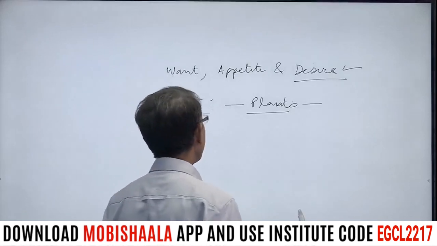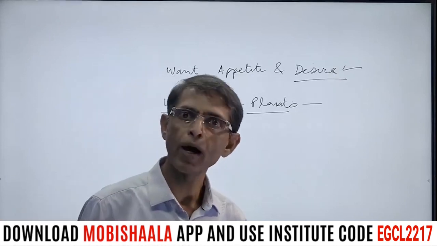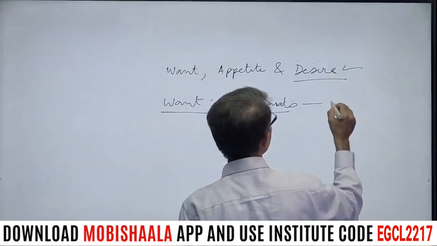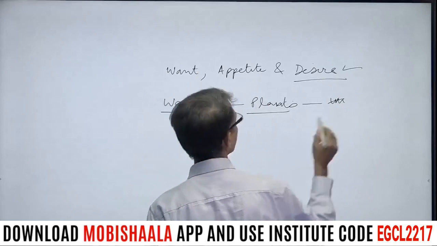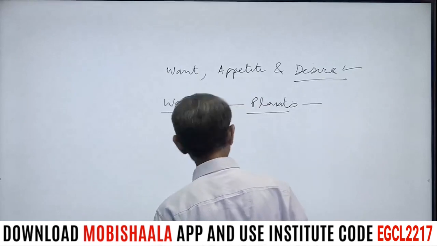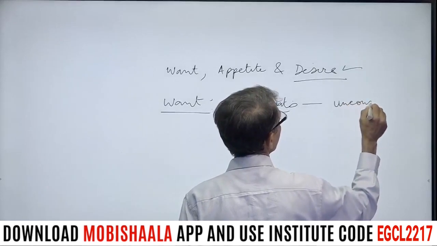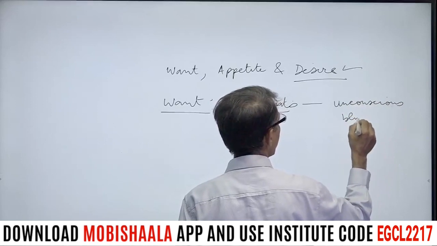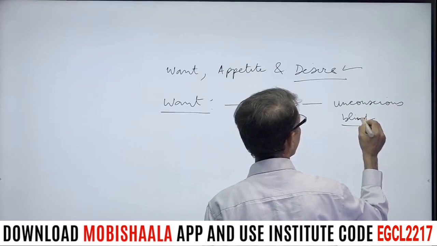Plants have also life, even the seeds have life, they respire, all the things, but the point is they are considered as unconscious. And if they are considered as unconscious, then their want is blind.